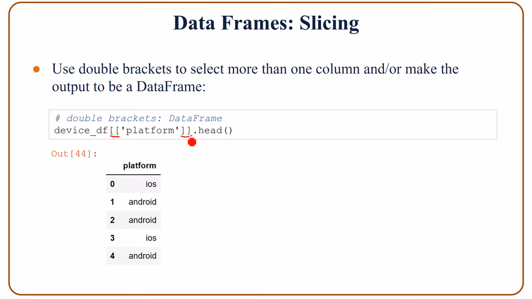Use double brackets to select a column or more than a column. Then the result is a data frame. And if you want to store the result back in a data frame such as df, you can do it this way.